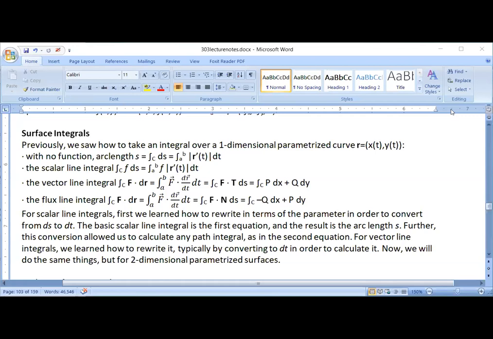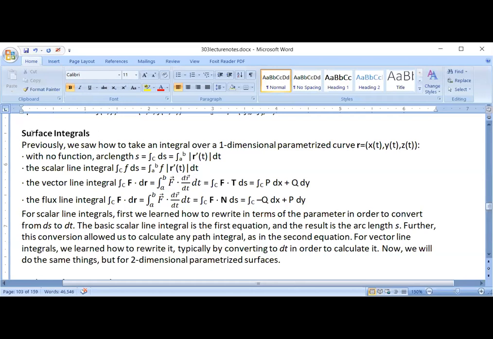So previously, we saw how to take an integral over a one-dimensional parametrized curve, and we could write that equation as r equals x of t comma y of t. I guess we should really be thinking about this three-dimensionally, so let's just say comma z of t. Okay, so like that. Next, we saw a couple different types of integral that we could take.